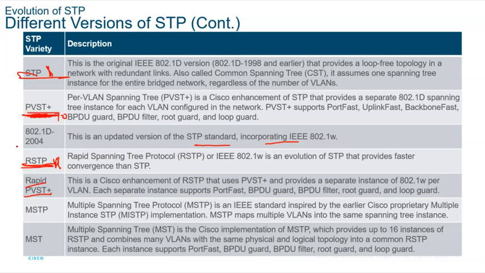The difference between these two, STP and then rapid, is that the states are reduced from 5 to 3. This one here has 5, then this has 3.